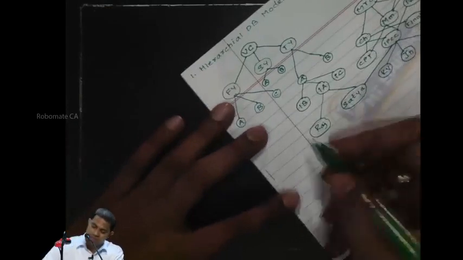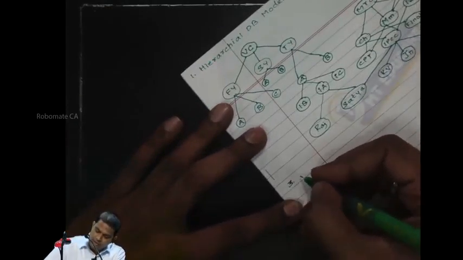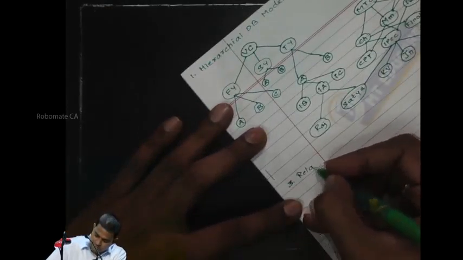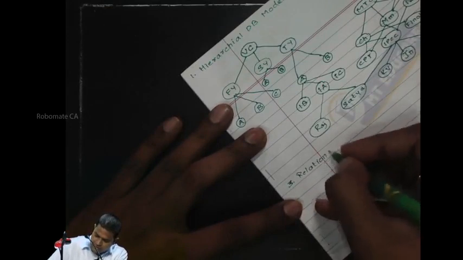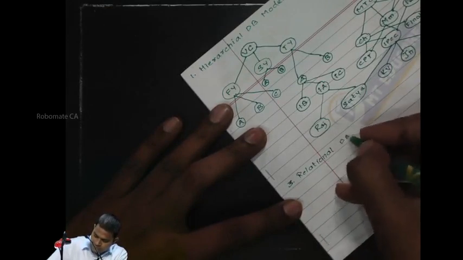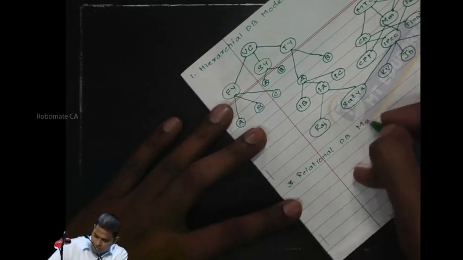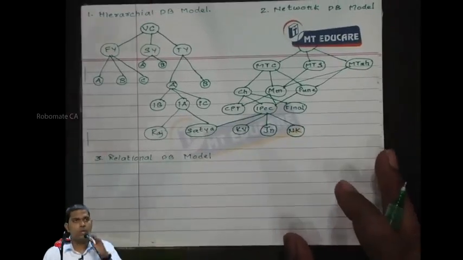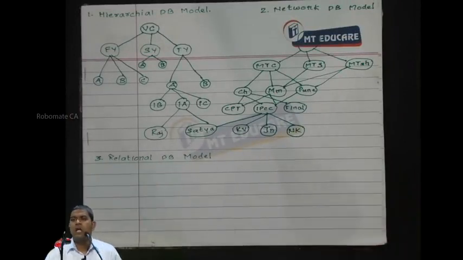We are now moving to the third one. That is called the relational database model. It is called what? Relational database model. Now listen, what is the relational database model?